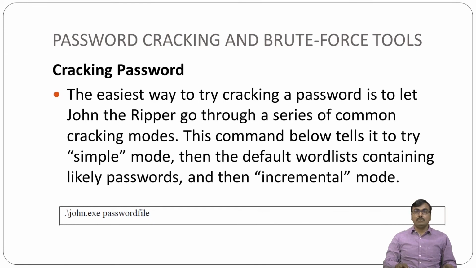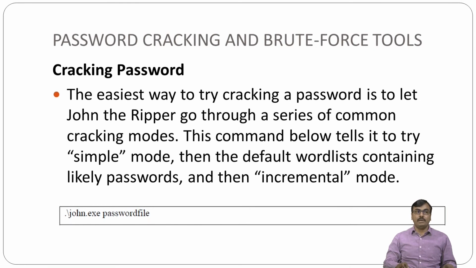This command below tells it to try simple mode. If we are not providing any kind of parameter, then it is always in simple mode. As you see on the screen, there is no parameter and it is in simple mode.